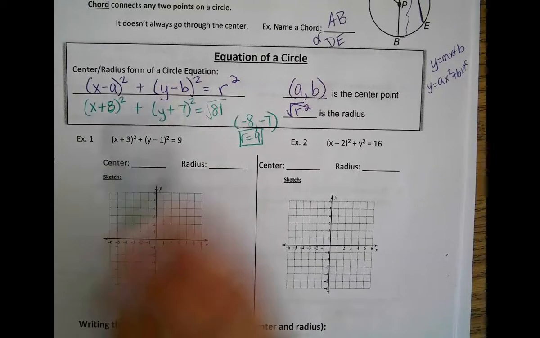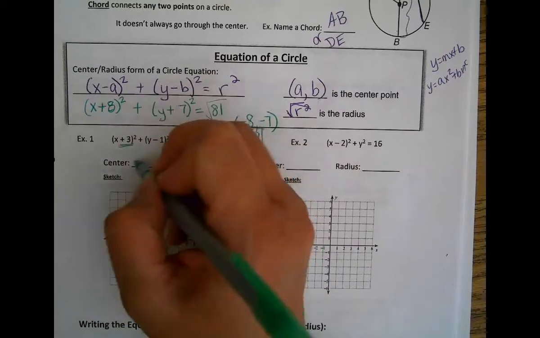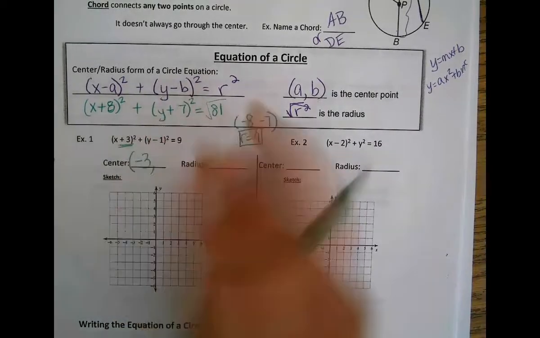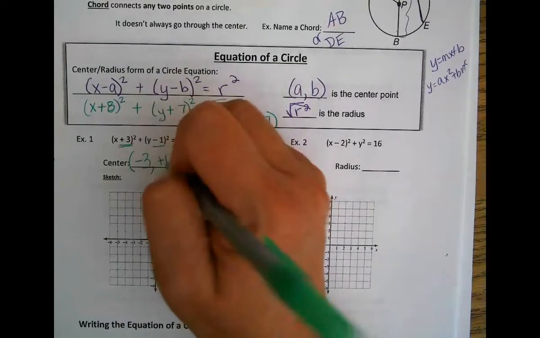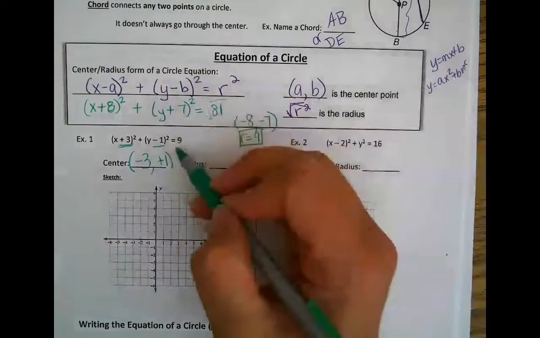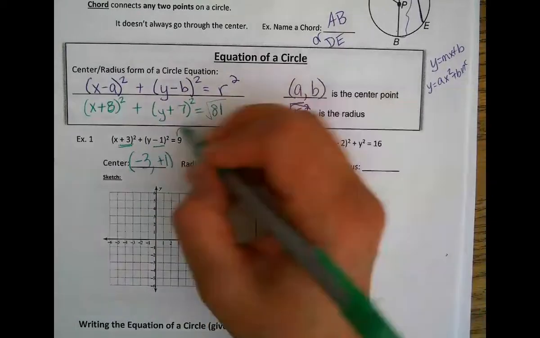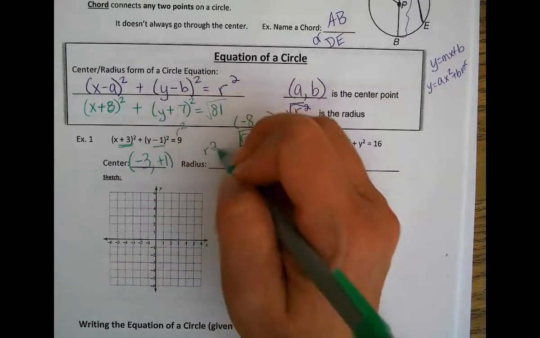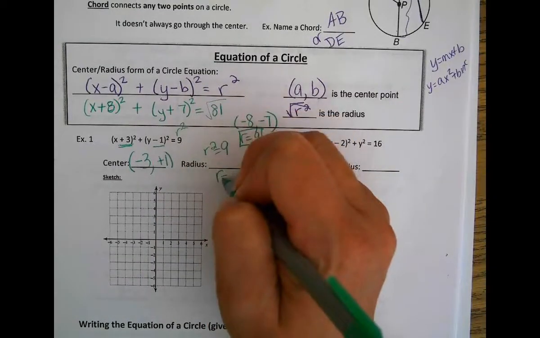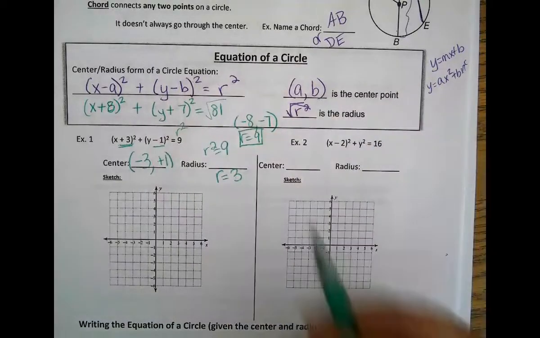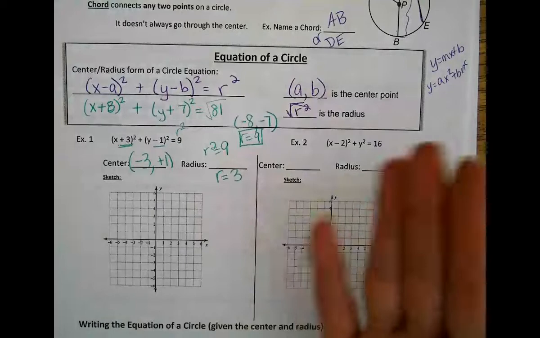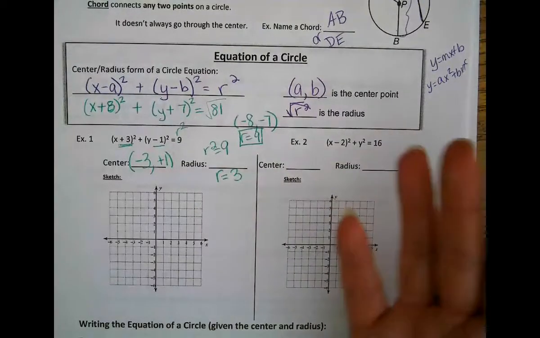So the center here is going to be, if this is a plus 3, the x value is negative 3. The y value, if that's a negative 1, becomes positive 1. And the radius squared is over here. So if r squared equals 9, then our radius is 3, and negative 3, technically speaking. But when we are counting measures, we always take the positive measurement.